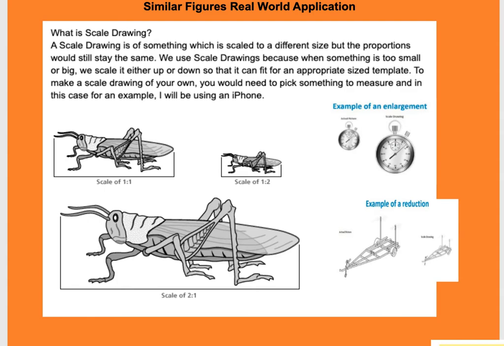Okay, let's look at the real world. The next one here. When will we use this? The real world application. You use these for scale drawings. Maps. Have you ever seen the scale on a map? You couldn't really carry the whole world in your pocket as you're traveling. If you've ever been to the beach, I love to go to the beach. It takes me about 4 hours to get there. I always need a map to get there.